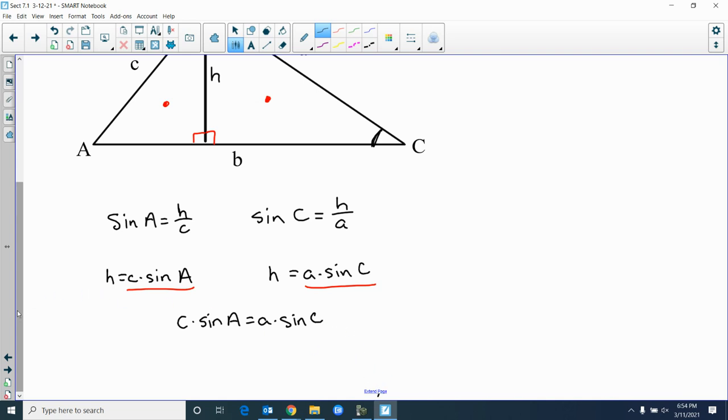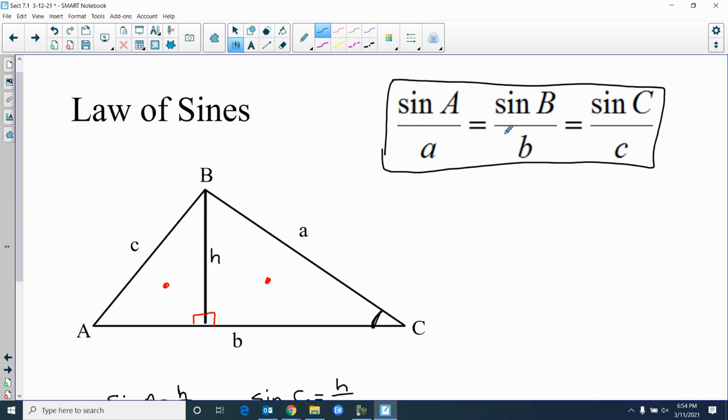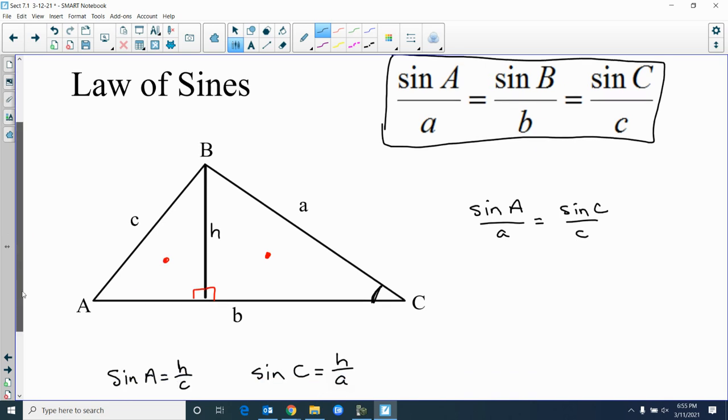I'm not dealing with B here. So here's where I want to end up: I want to get the sine of A over A equals the sine of C over C. I'm pretty close here.